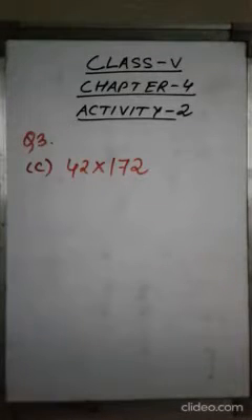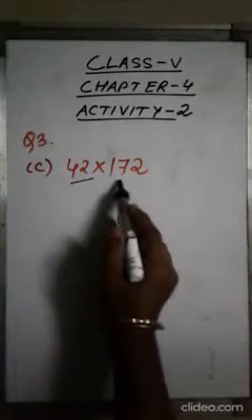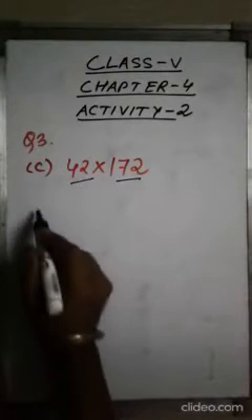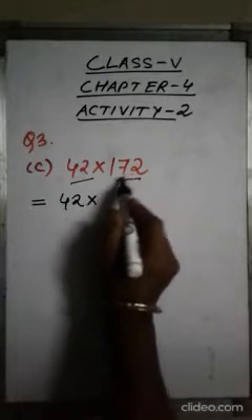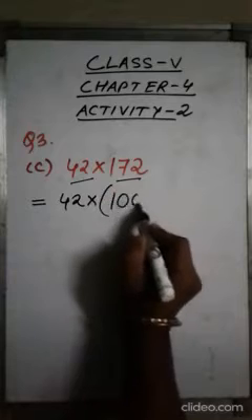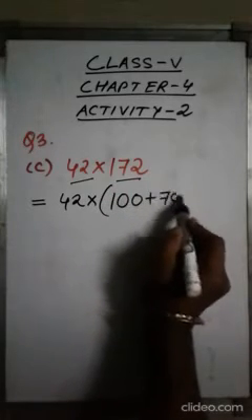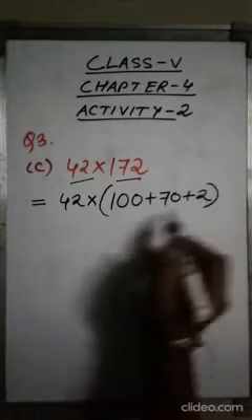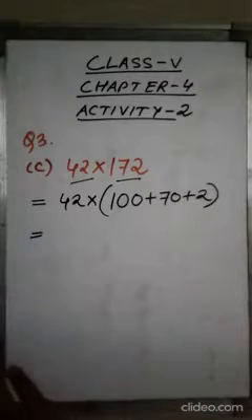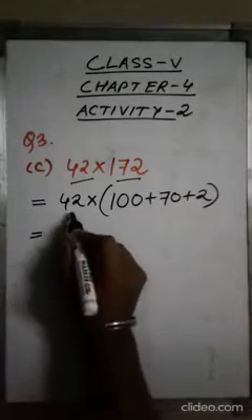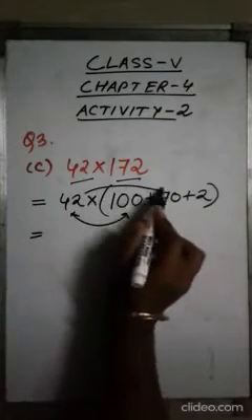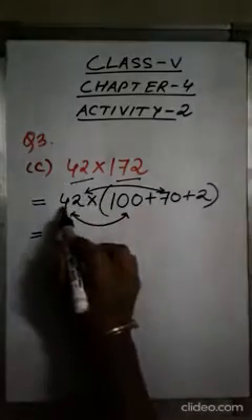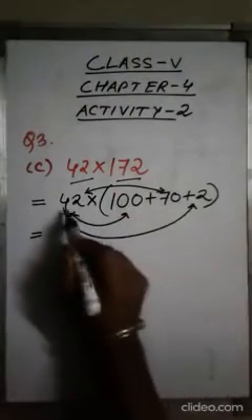Example C, 42 into 172. So 172 is 100 plus 70 plus 2. Now you have to multiply 42 into 100, then 42 into 70, then 42 into 2.